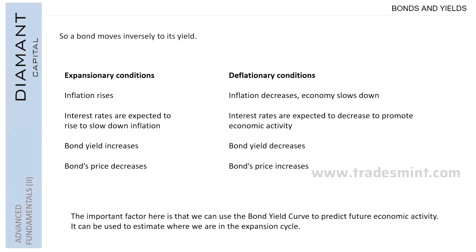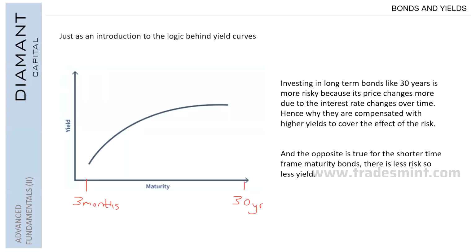The important factor here is that we can use the bond yield curve to predict future economic activity. It can be used to estimate where we are in the expansion cycle. So not just the expansion cycle, but the market cycle that we looked at previously. And always refer back to that and actually have it drawn up with the characteristics of every component. So what do we mean by the yield curve?